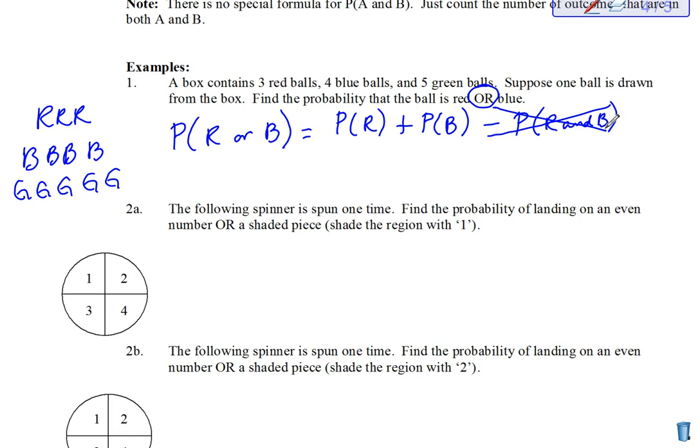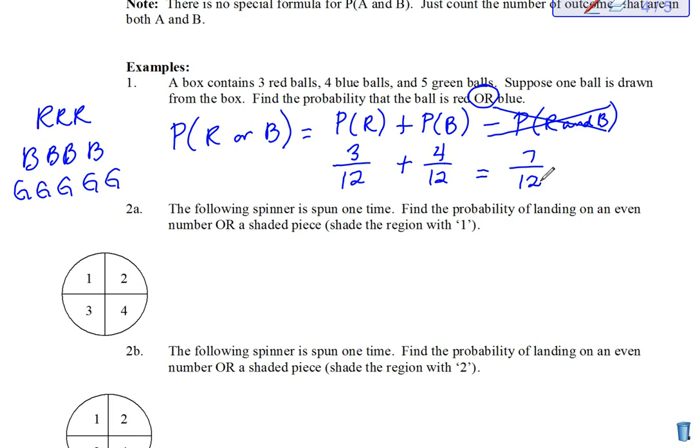So the probability that you get a red ball is 3 out of 12, and the probability that you get a blue ball is 4 out of 12, which makes your answer 7/12. The probability that you either get red or blue is 7/12, which does not reduce.